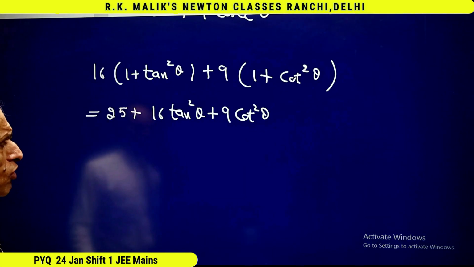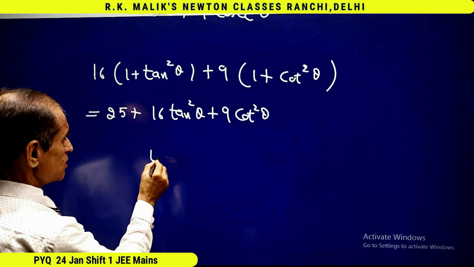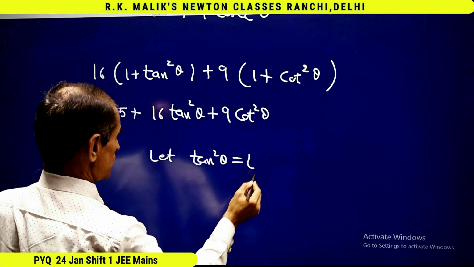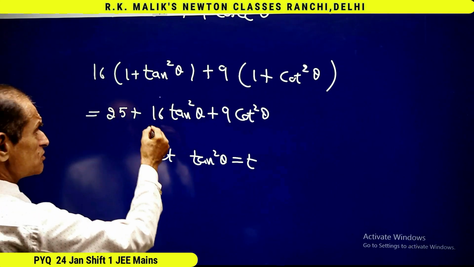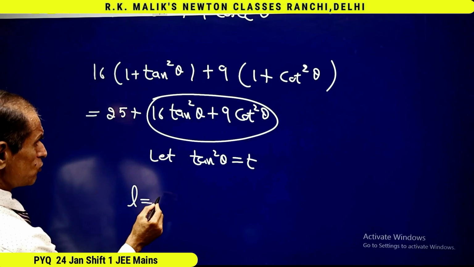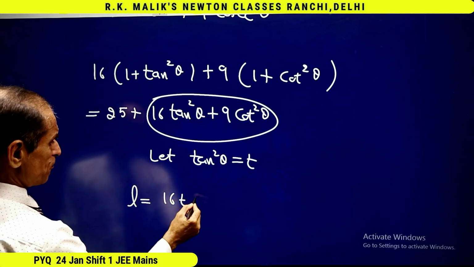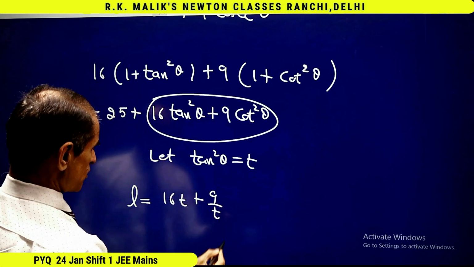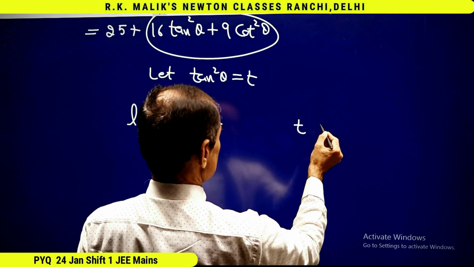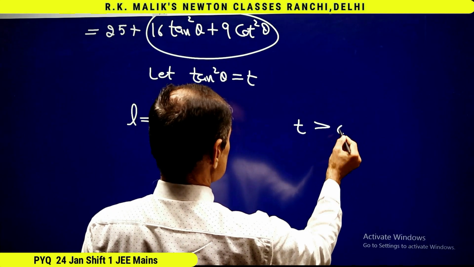And those students who are not able to think about the concept of AM greater than or equal to GM, the other way of doing this question is: let tan²θ = t, and therefore this expression can be written as, say, L = 16t + 9/t, and t is clearly greater than 0.